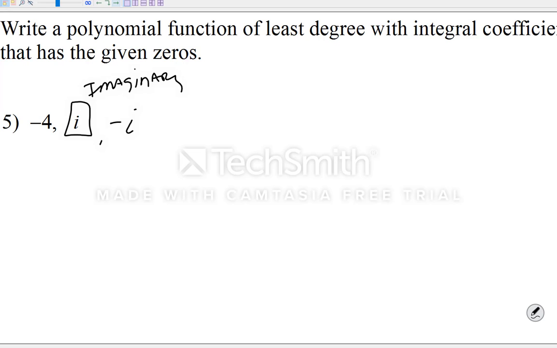Now, I'm going to use the parentheses, okay? Put them in the binomials. So these are the roots, but I'm going to go backwards and put it into binomials. So how do I do that? Well, I am basically flipping it. So x plus 4. Now the reason I get a plus 4 is because technically it's x minus the negative 4.